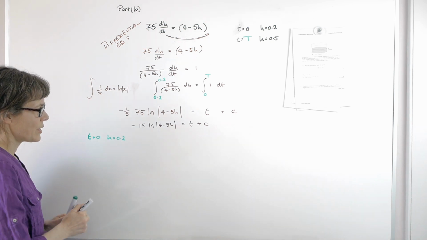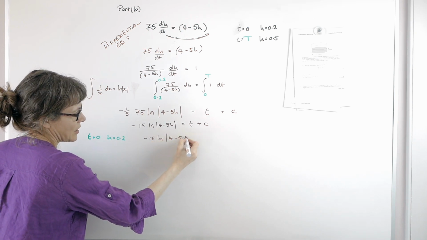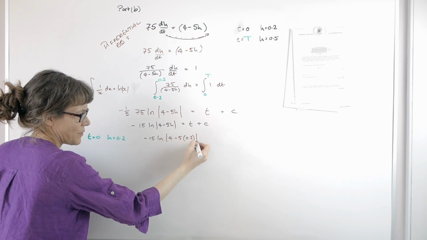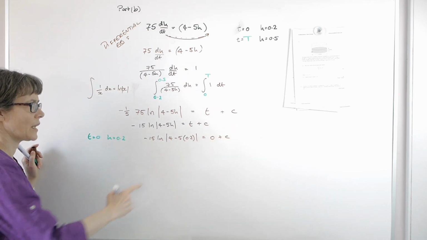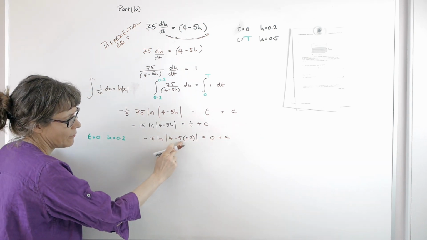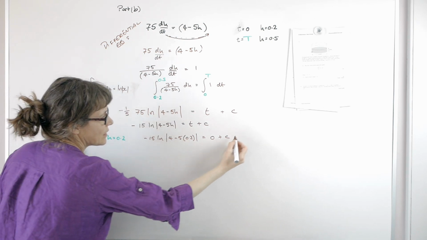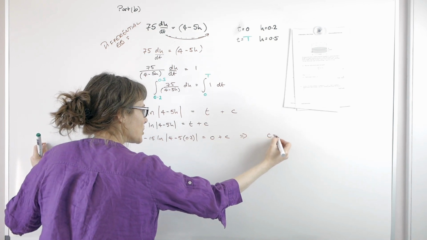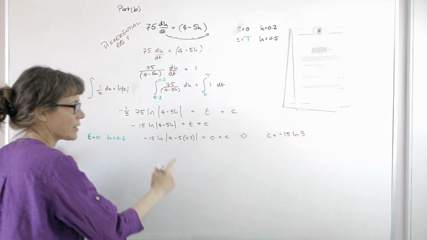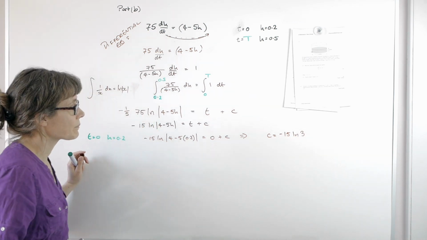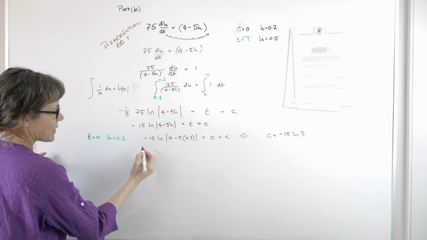So if I put 0.2 in, again, little handy hints if you are substituting, it's worth actually substituting and putting it in brackets just so you don't make a slip up. 5 times 0.2 is just 1, so this ends up as c equals minus 15 ln 3, so this is just 4 minus 1 in the bracket. Okay, so c is minus 15 ln 3, so I can put that back into my main equation.